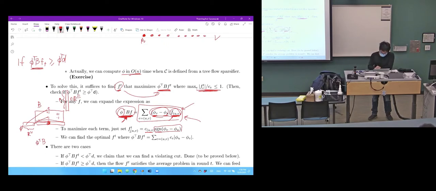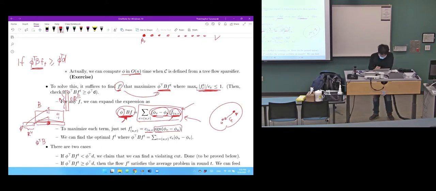So the solution is really, for every edge UV, you look at which one has higher potential, and if V has higher potential, then you just send flow at full capacity from V to U. If U has higher, then just send flow at full capacity from U to V. That's how you set F in each round. Super simple, right?